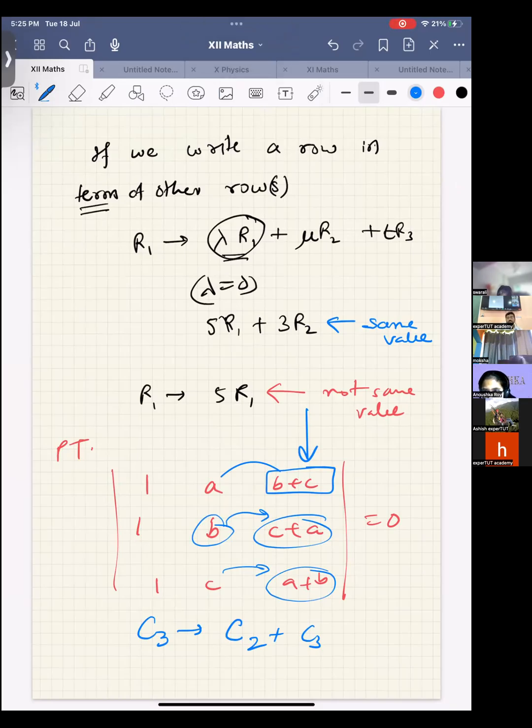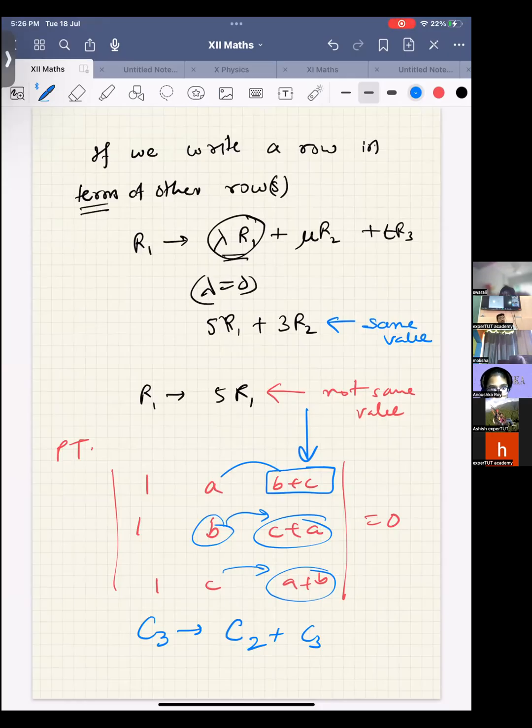Pardon? Why are... You will see. Can't we do more minus this last? I will show that also. I will show by that method also. Okay. Column 3 is on column. No, you are doing like this and saying column 3. Isn't it C1 plus C2? No. You're doing an operation.